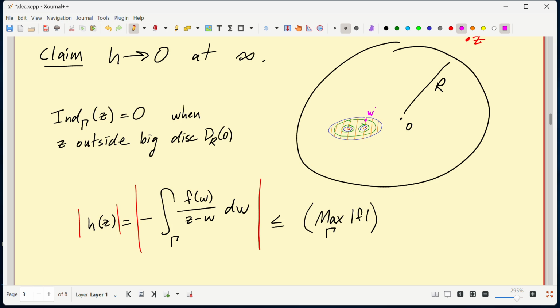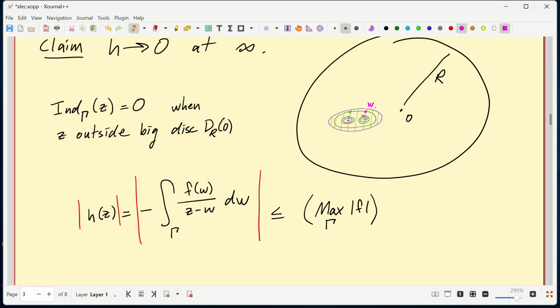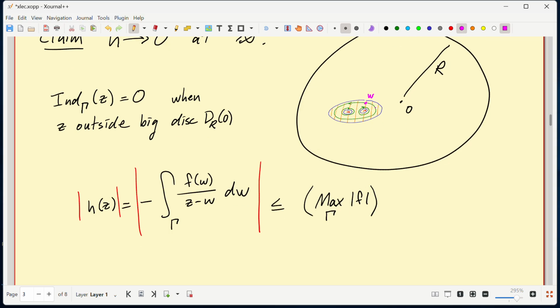And so the distance from z to w is certainly greater than or equal to, because I need a lower bound in the denominator, the distance mod z minus r.